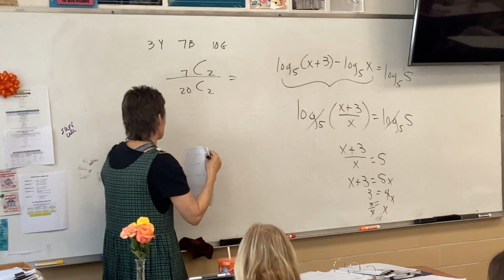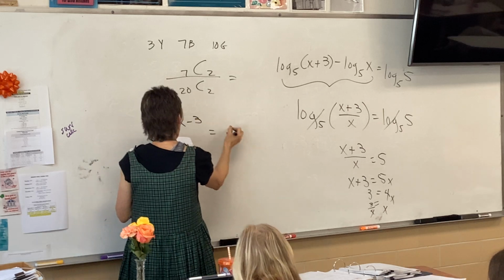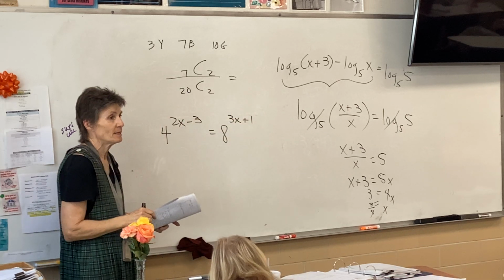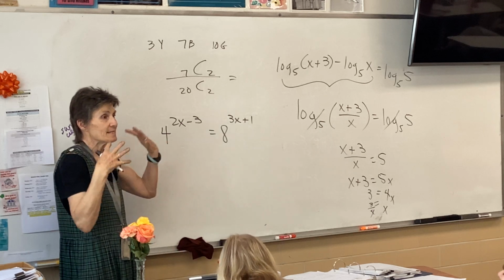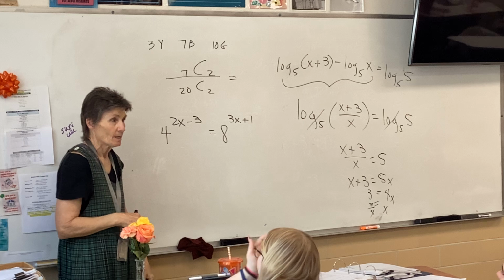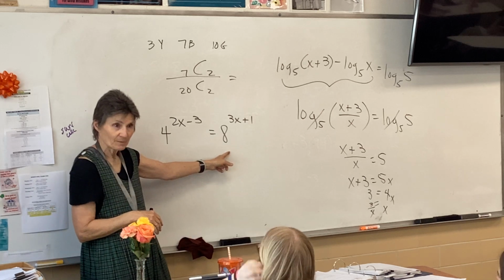4D is an exponential. No calculator. That means I have to get a common base. Ideally, I will set my exponents equal to each other, but I can't because that's a 4 and that's an 8.